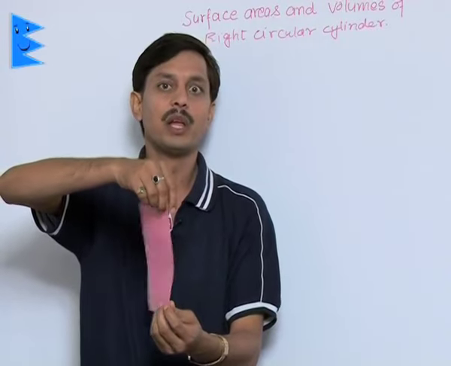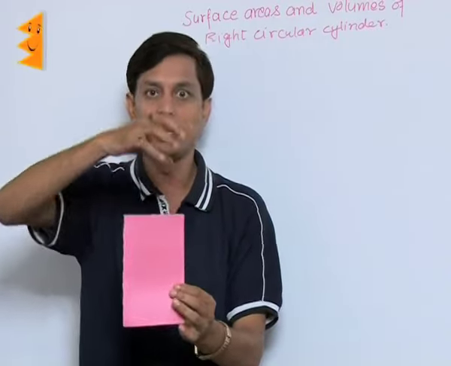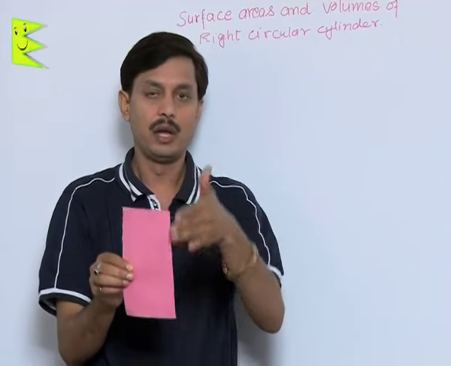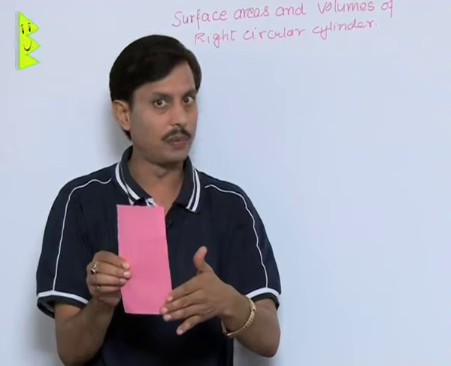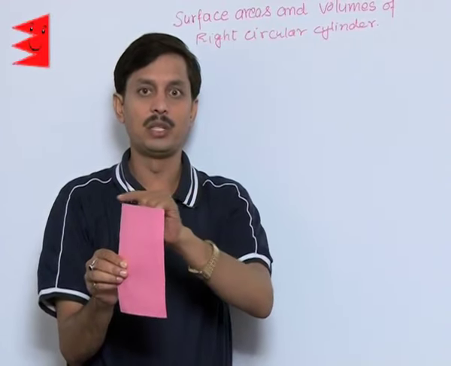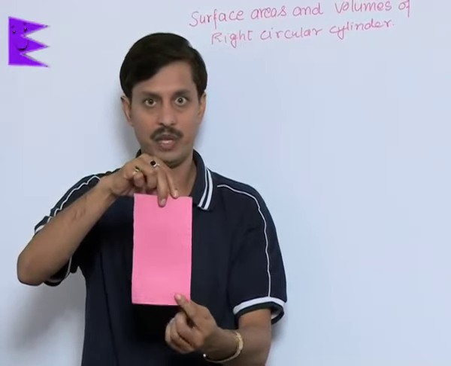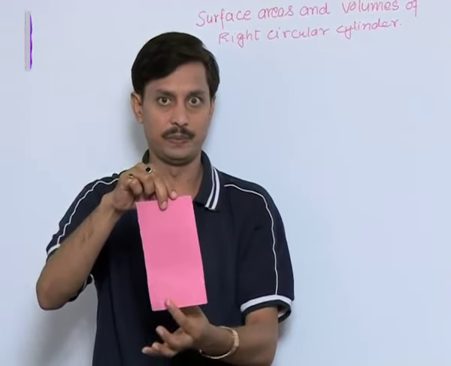In the space is the cylinder, where the height is equal to the length of the rectangular piece and the breadth becomes the radius of the cylinder. This is the third situation.